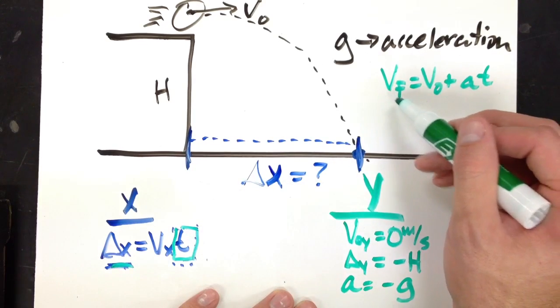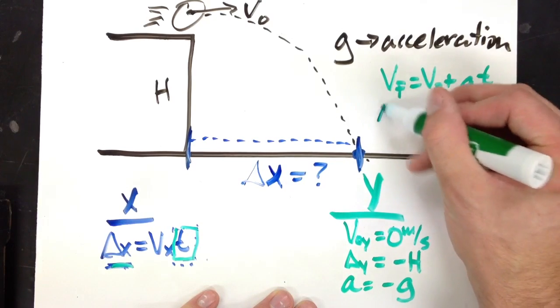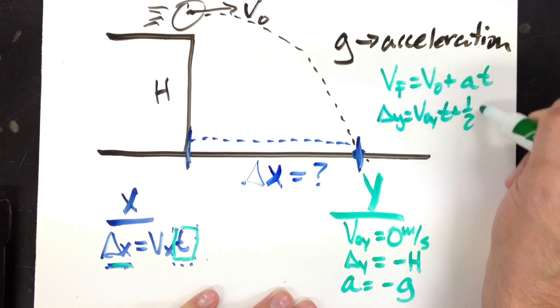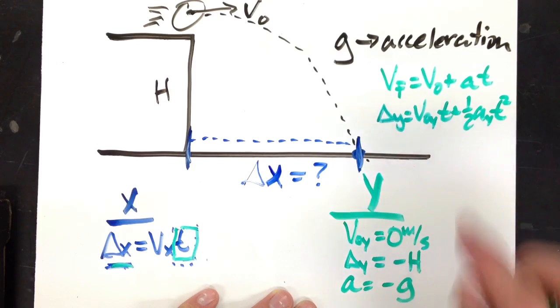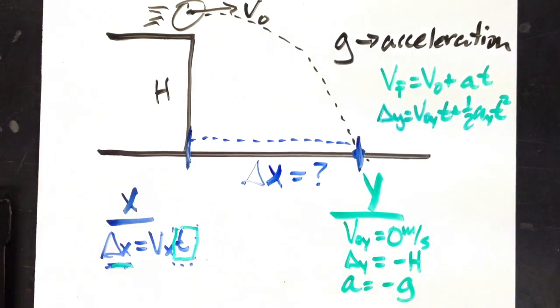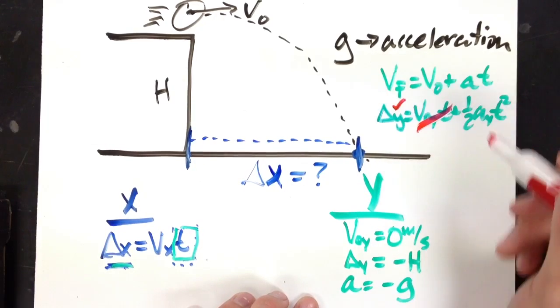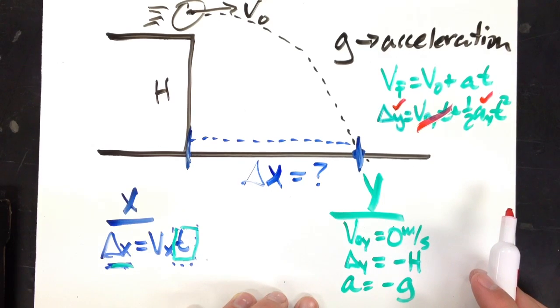Well, problem here, I don't know v final. The second equation, delta y equals v naught y t plus 1/2 a y t squared. That's very promising because v naught y is 0. I know delta y. I know a. There's only one unknown left, and that is time.